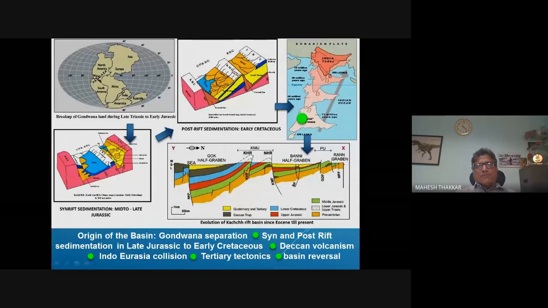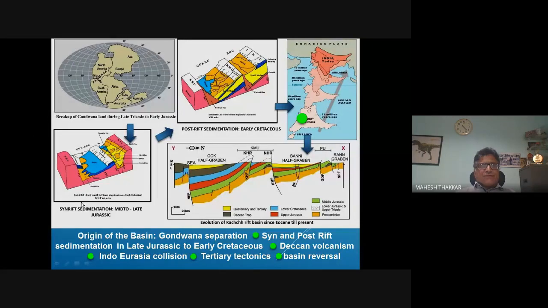In that graben, you can see the Nagar Parker uplift on one side, giving sediments inside the graben, which rarely got the influence of the sea. But there are many fluvial aspects and a kind of alluvial fan system developed in this small graben. The evidence of those small grabens we will see later on.